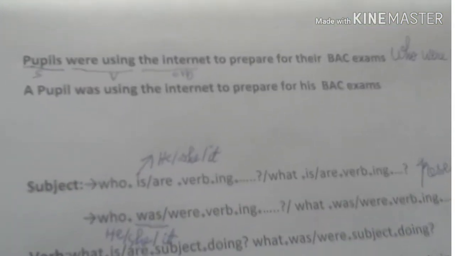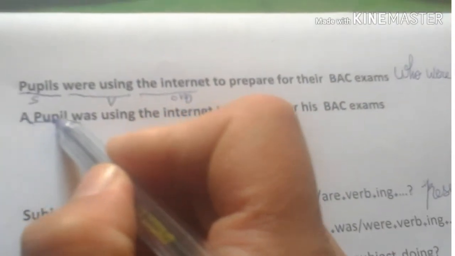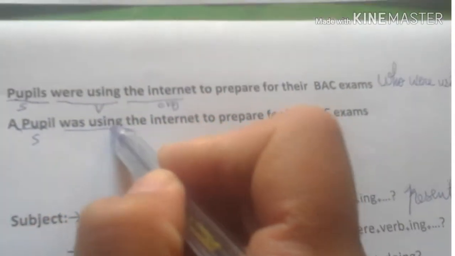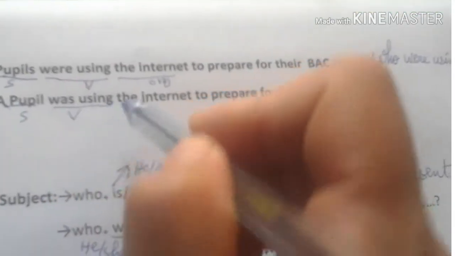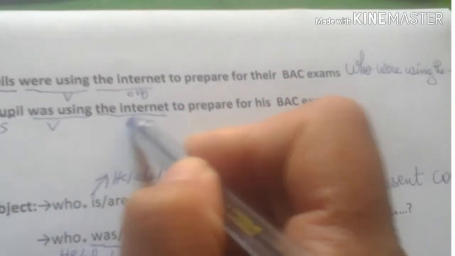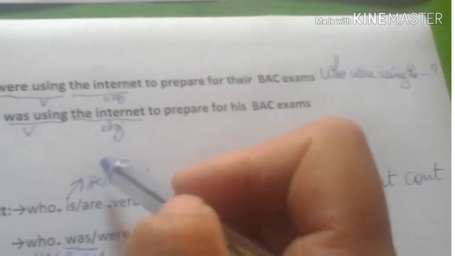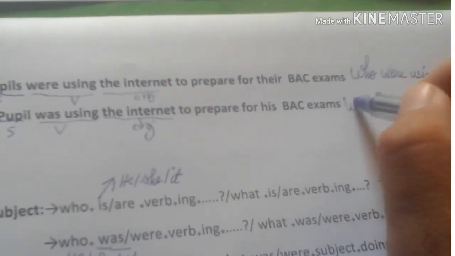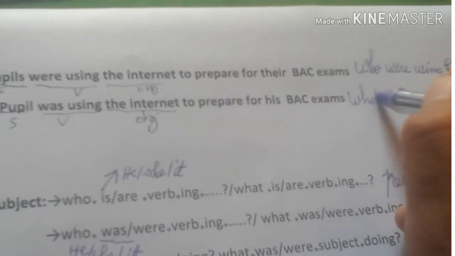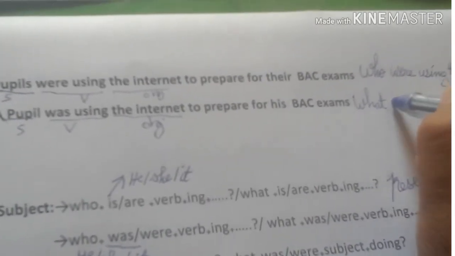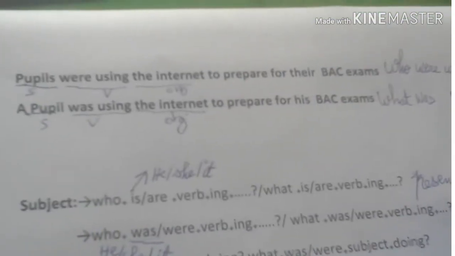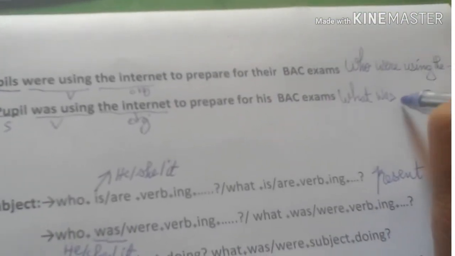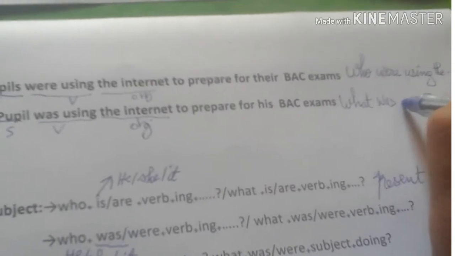Let's ask about the verb in the past continuous. A pupil is the subject, was using is the verb in the past. The internet is the object. The question about the verb will be what was plus the subject, the pupil, not a pupil.